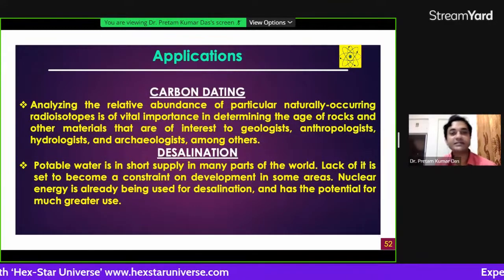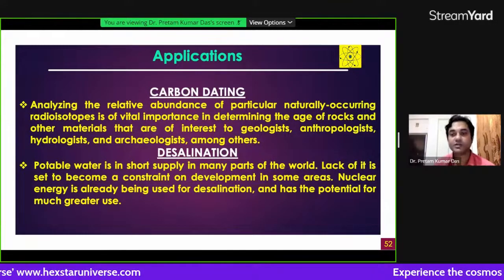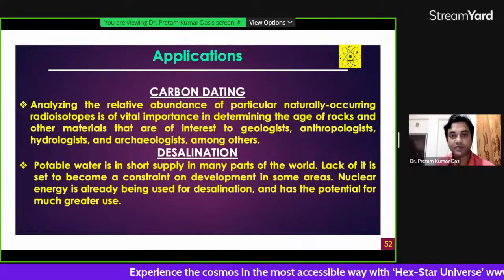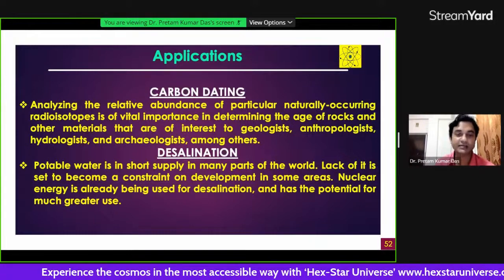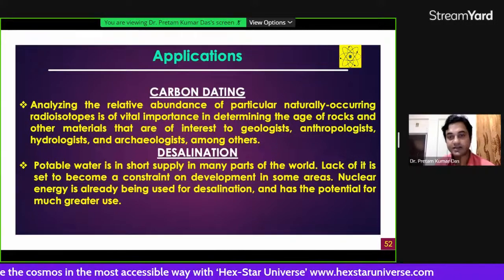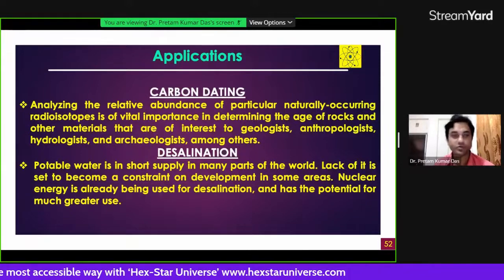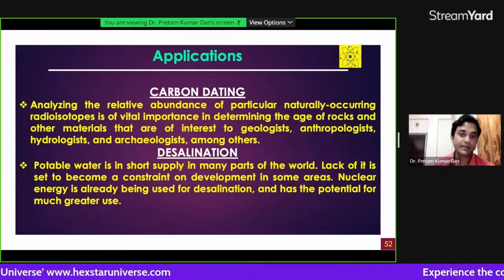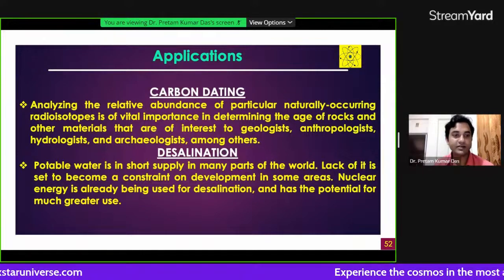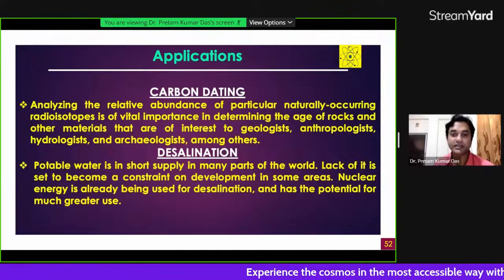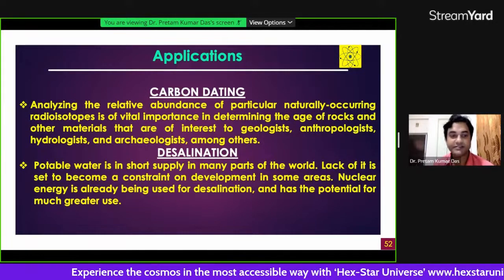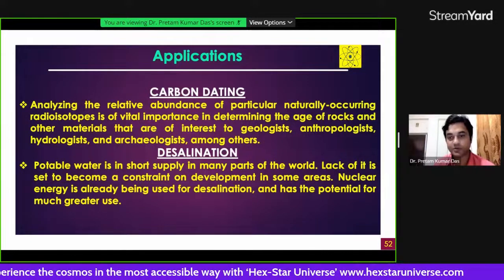Carbon dating: analyzing the relative abundances of particular naturally occurring radioisotopes is of vital importance in determining the age of rocks and other materials that are of interest to geologists, anthropologists, hydrologists, and archaeologists, among others. And desalination: potable water is in short supply in many parts of the world, so lack of it is said to become a constraint on our development in some areas.